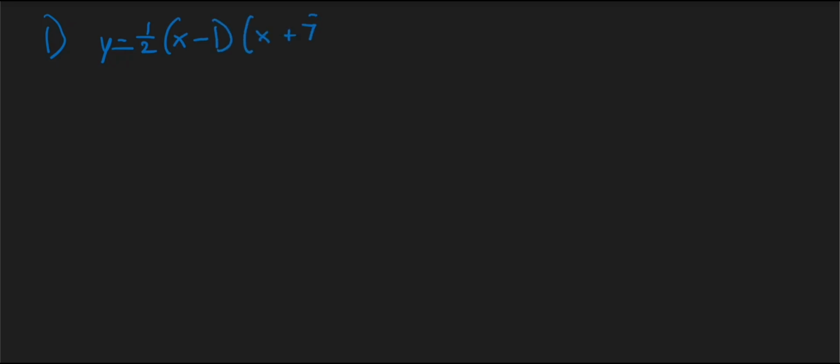Again, this is in the form of y is equal to a times (x minus p) times (x minus q), where we know that a would be 1/2, and then p would be 1, and q would actually be -7. Why would it be a -7? Well, we don't have an x minus 7 over here, so to put this in the proper intercept form of the parabola, we can rewrite this as 1/2 times (x minus 1).